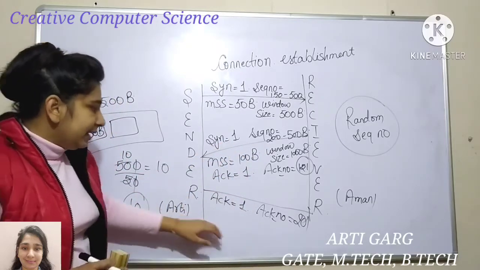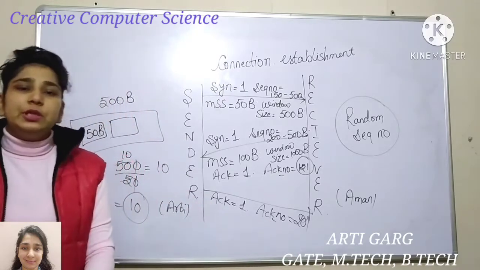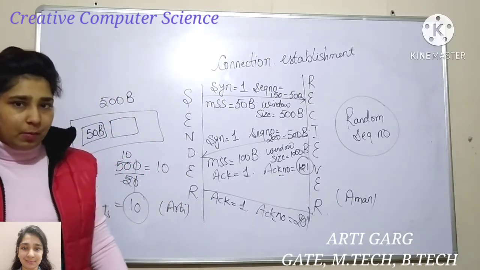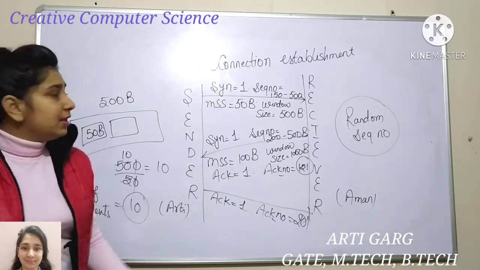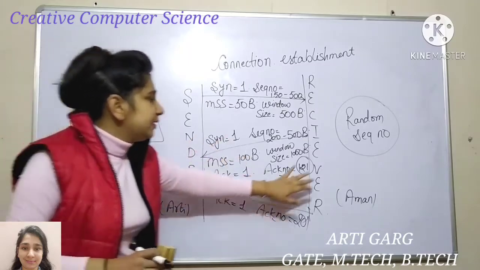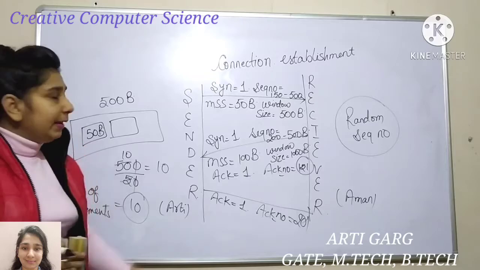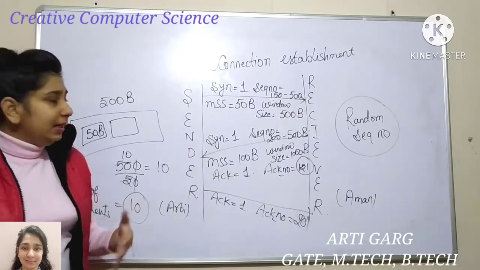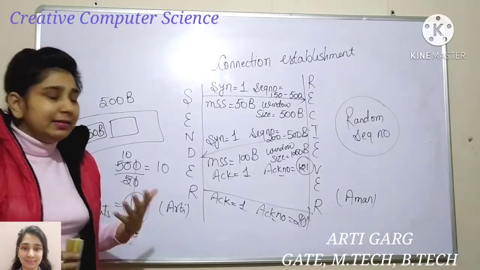So now it is saying that I expect data from you starting from sequence number 201. So this is a connection establishment phase in which both exchange their device capability information with each other. Okay, and we will discuss two types of acknowledgements now.